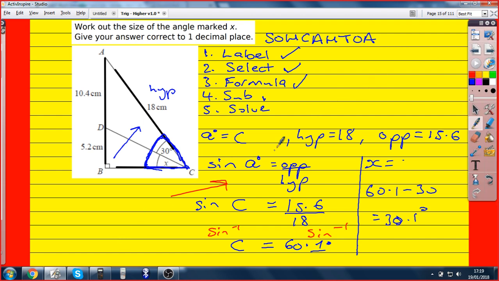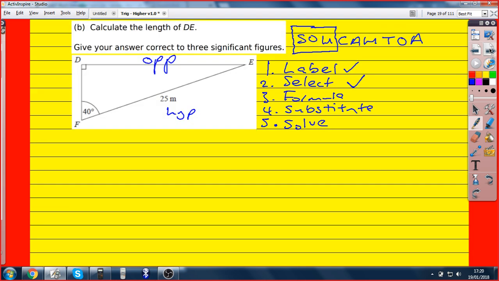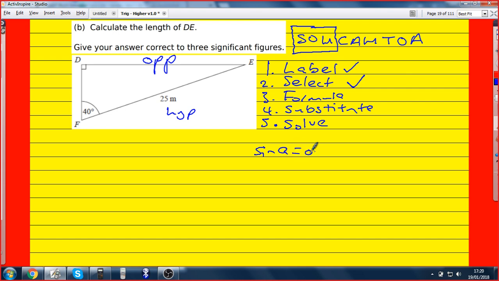So formula for sine, opposite over hypotenuse. And it's always sine of the angle. Okay, what's next? We don't know what the opposite is yet. So I'll just call it DE because that's what we're trying to find.